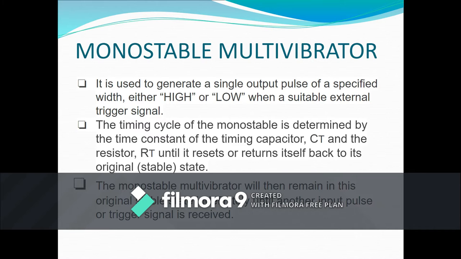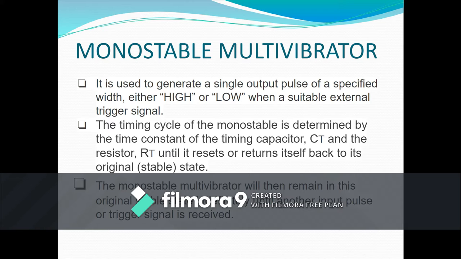So what is a monostable multivibrator? A monostable multivibrator is just a device that is used to generate a single output, either high or low, based on the trigger input that we give. The time cycle of the monostable is determined by the time constant of the timing capacitor and resistor until it resets or returns itself back to its original state.